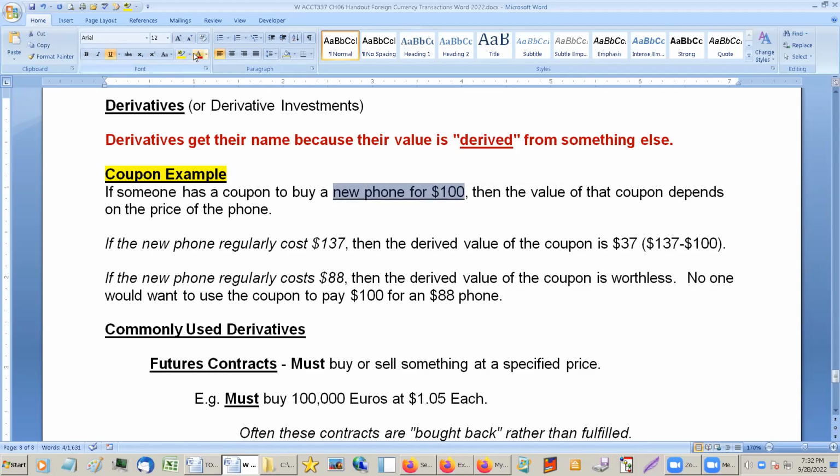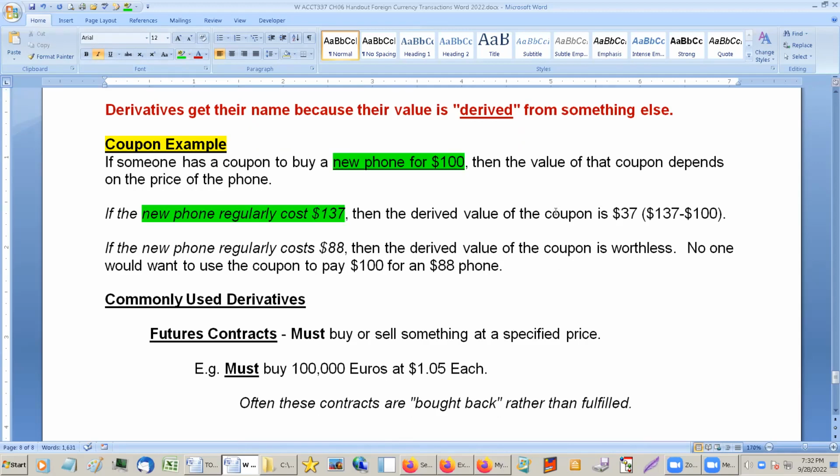So if the new phone regularly costs $137, then the value of the coupon is $37. The value of that coupon is derived from whatever the price is of that new phone.